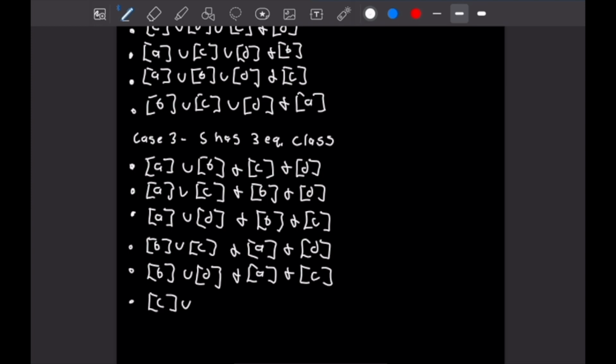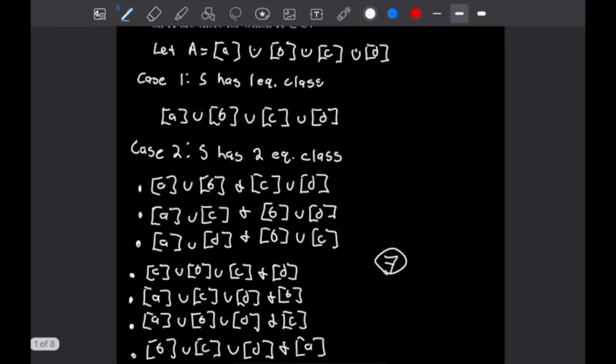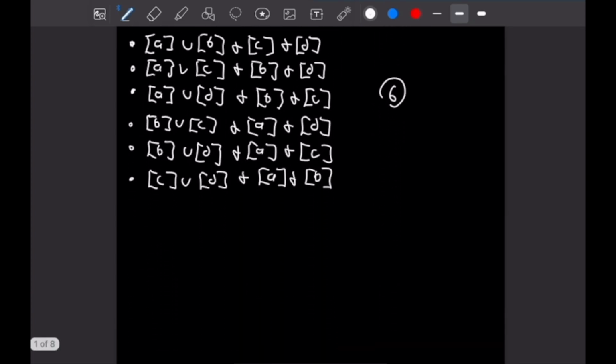So we'll have C union D, and then A and B by themselves. Great. So that is 6 more equivalence relations there. So we have 6 here, 7 here, and then the one up top. So that's going to give us a total of 14. But we haven't done the case where S has 4 equivalence classes, which is just going to be when S is equal to R.